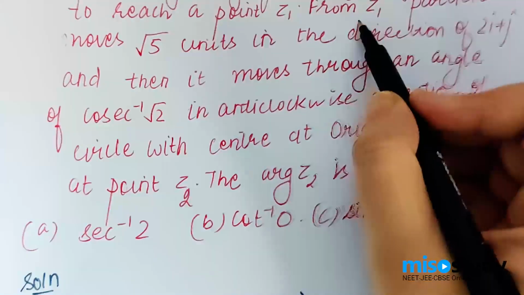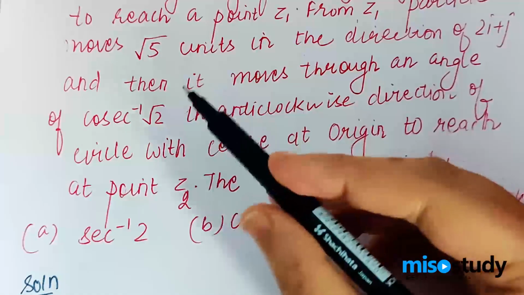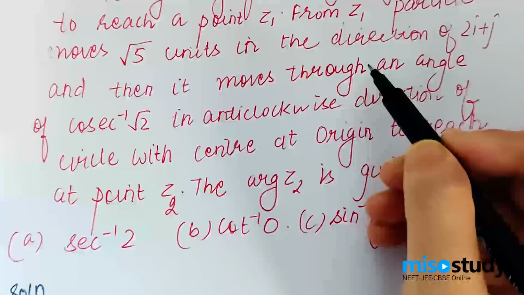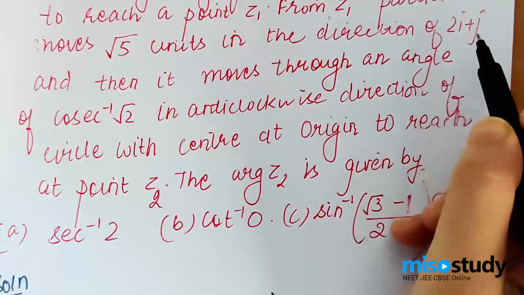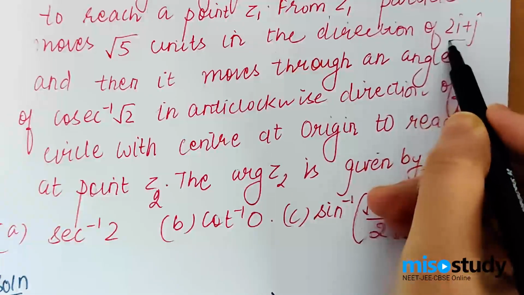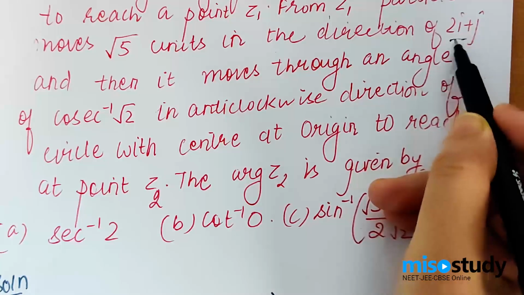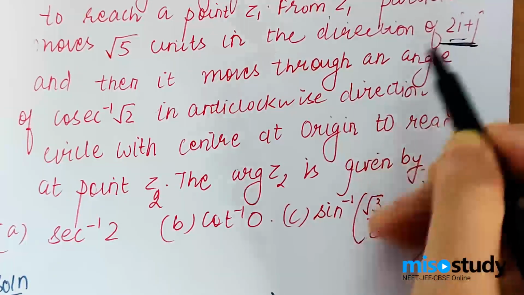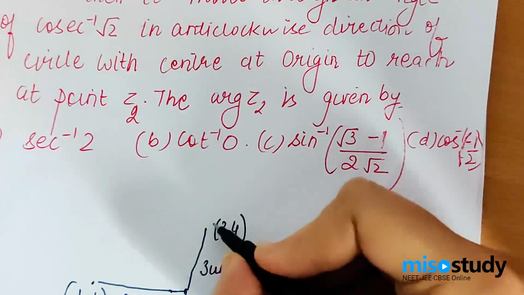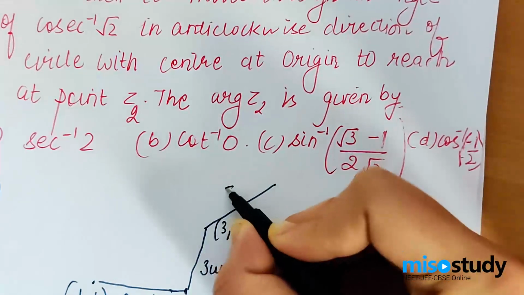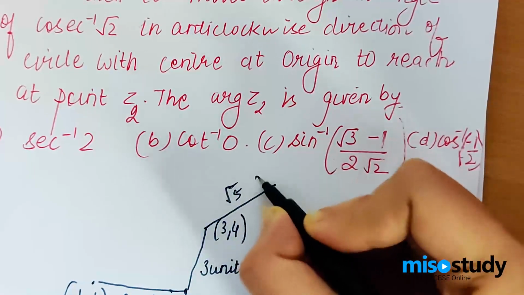And then, from z1, the particle moves root 5 units in the direction of 2i plus j, not 2 iota, it's 2i plus j, in the direction of this vector. So if it is moving root 5 units in the direction of this vector, let's make the diagram.